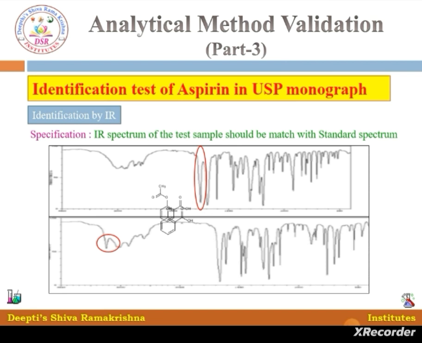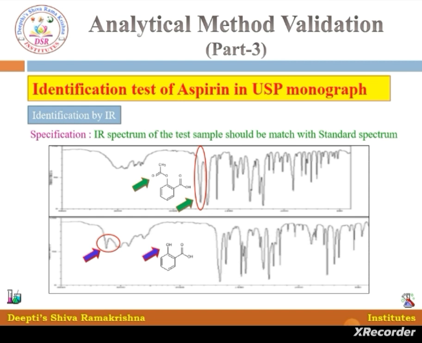Let us see what these two are. In salicylic acid there is an OH group, and in aspirin there is a COCH3 group. For OH, there is one different peak available around 3500. For aspirin, a peak at 1800 cm inverse is available in the upper spectrum.